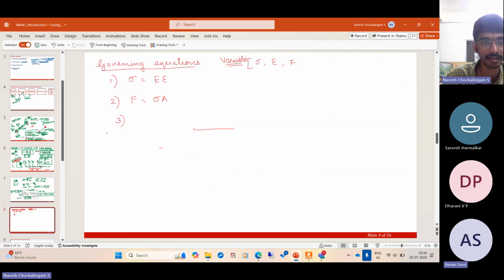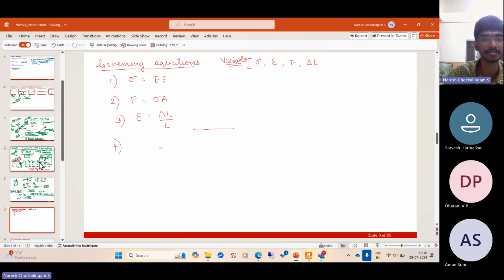We also have to use the compatibility equation. So we got two suggestions. One is strain is change in length by original length, so let me call the change in length delta L and the original length L. And you suggested we use the compatibility equations.